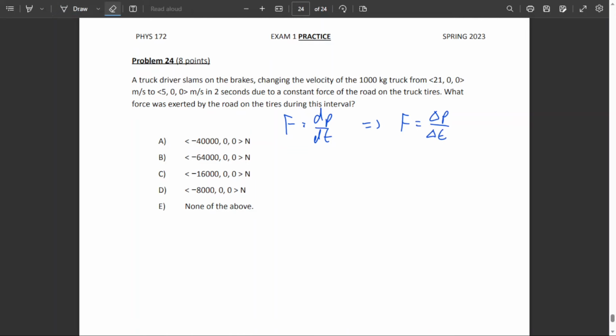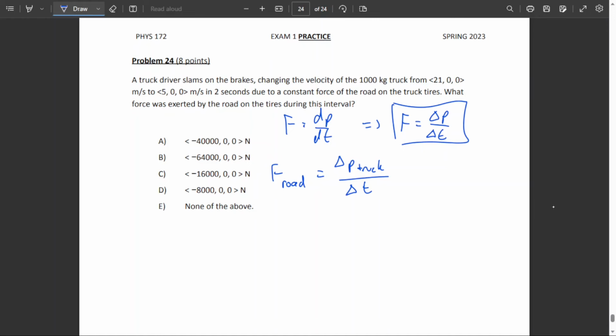So, now we have this expression. Since we're assuming that the force on the truck tires by the road is constant, we can write force of the road is going to be equal to the change in momentum of the truck over the change in time. So now we just calculate these numbers.